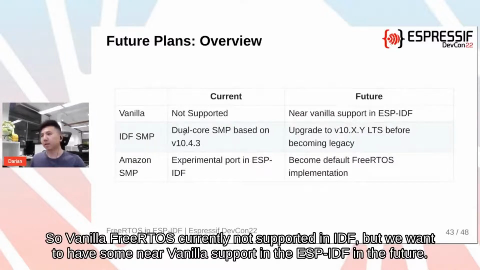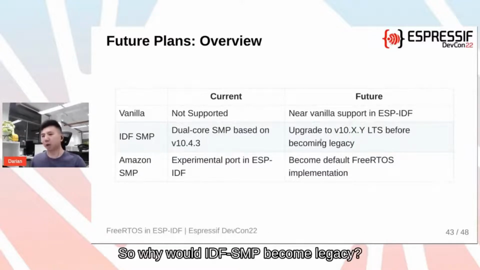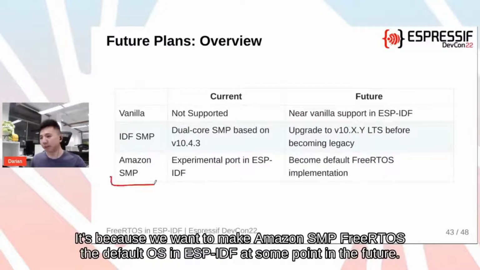IDF SMP is based on the vanilla 10.4.3 code base, but we want to upgrade it to a newer LTS version before it becomes legacy. So why would IDF SMP become legacy? It's because we want to make Amazon SMP FreeRTOS the default OS in ESP-IDF at some point in the future.